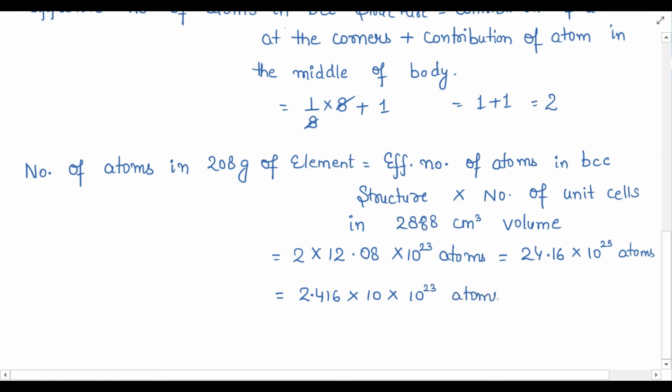Now here we have powers in multiplication, so simply add them. 1 plus 23 will be 24. So 2.416 into 10 raised to power 24 atoms are present in 208 gram of the element.